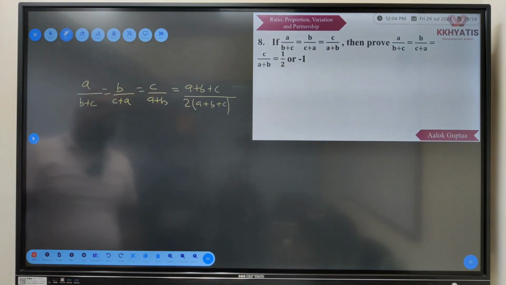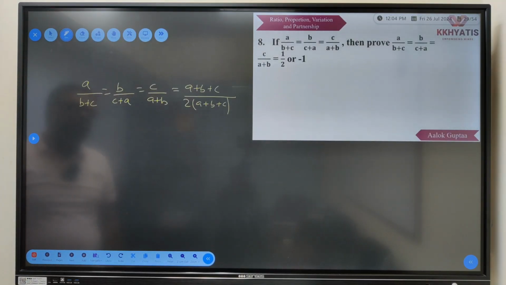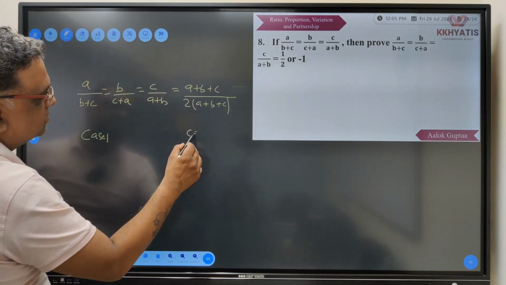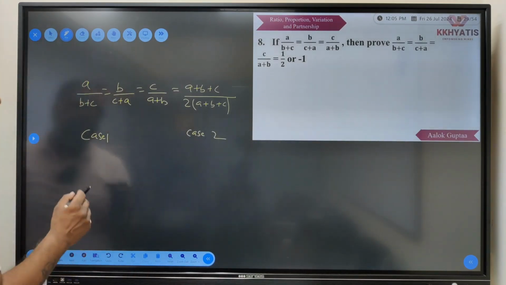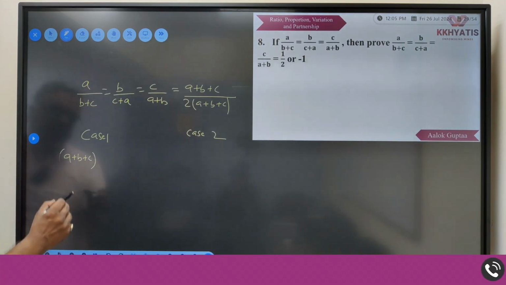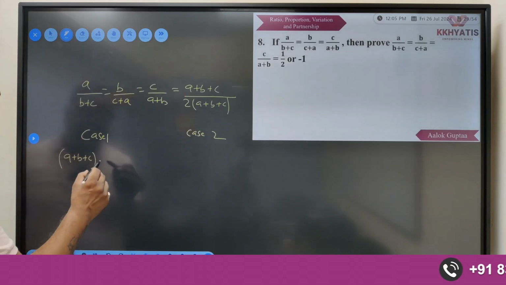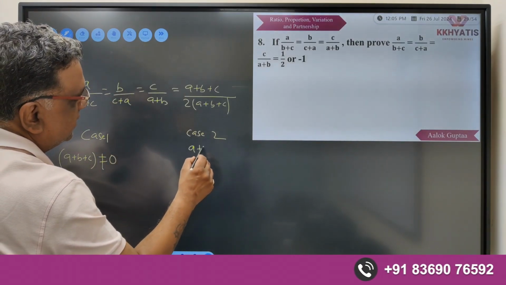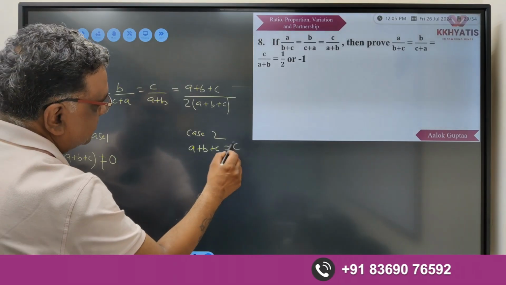Now there are 2 scenarios. I will take 2 cases. In case 1, let us say a + b + c is not equal to 0. And in case 2, I will say a + b + c becomes 0.